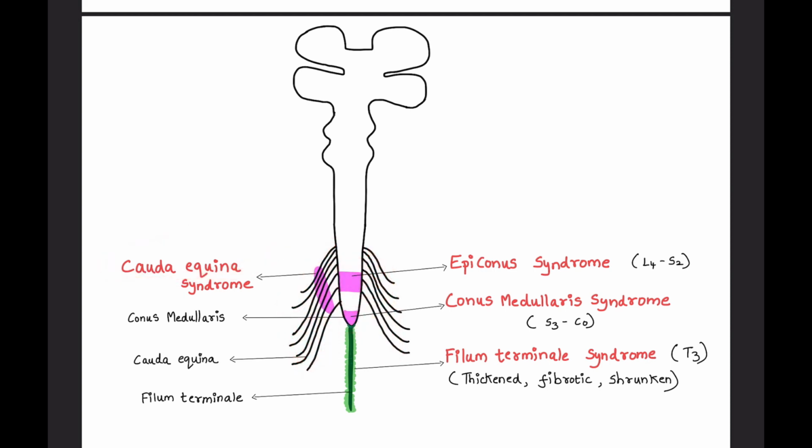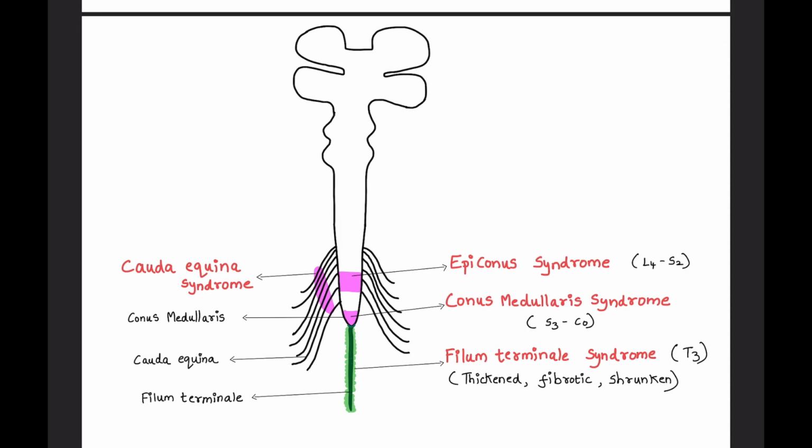And you have the filum terminale that ends with the dura mater. So if there is a lesion at these locations, then the patient will have the respective clinical features. I will discuss these one by one.